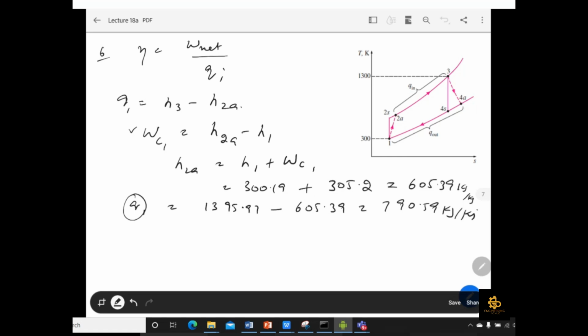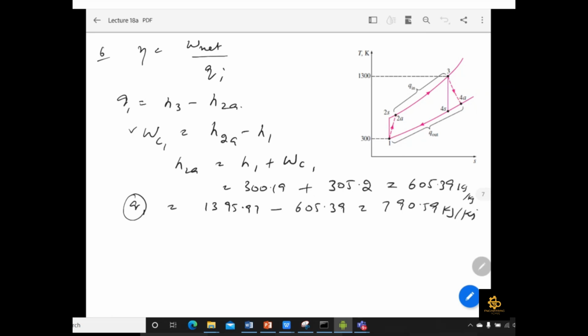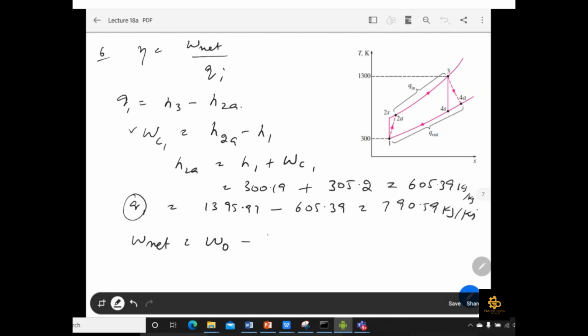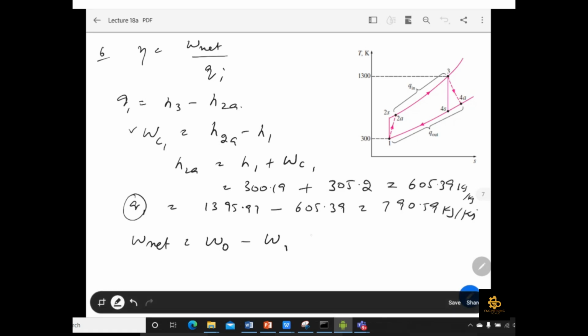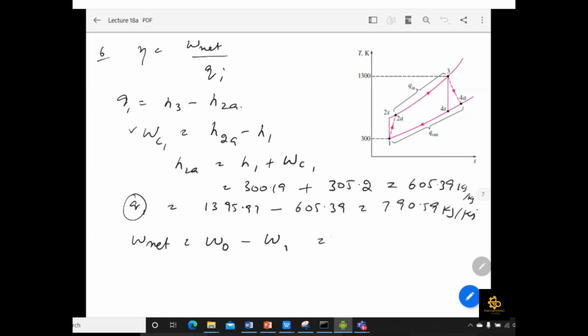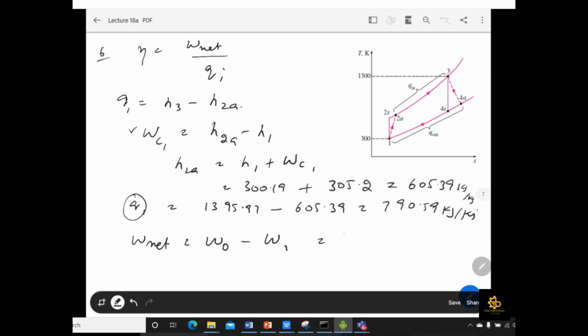Now we need W net. W net is simply W out, which is the actual turbine work, minus W in. W in is basically the compressor, because we have to supply work to the compressor.